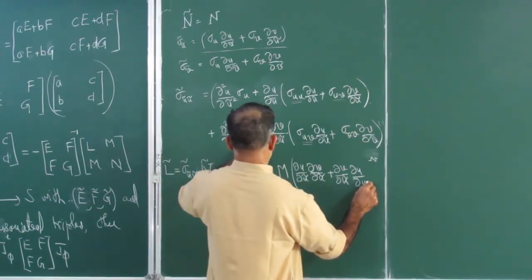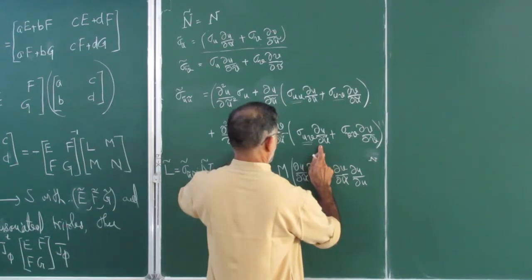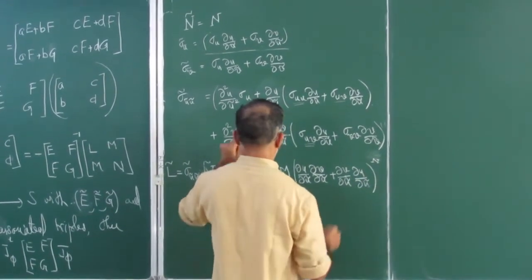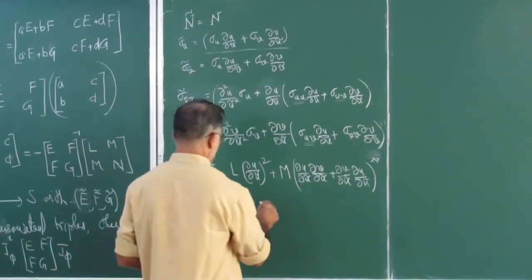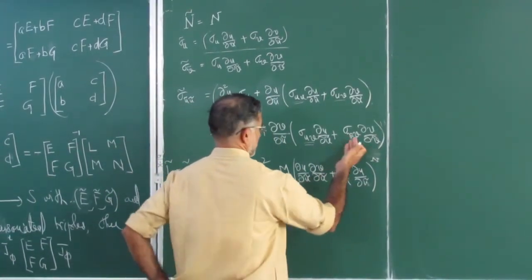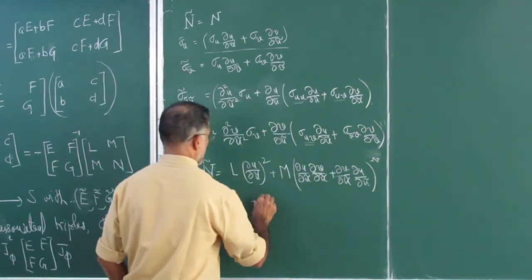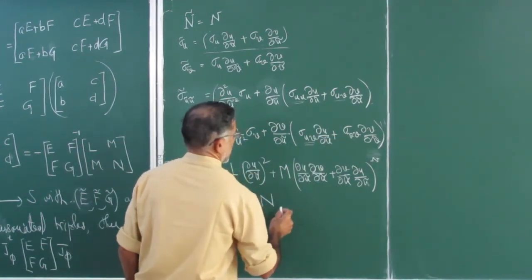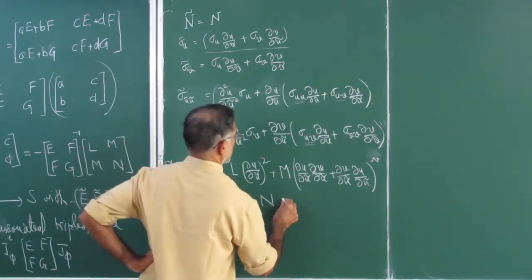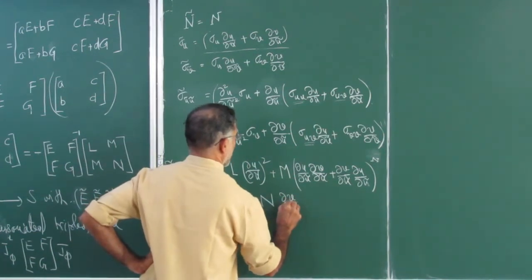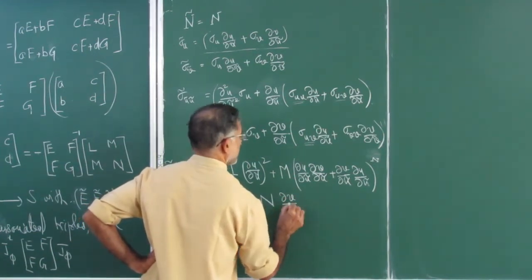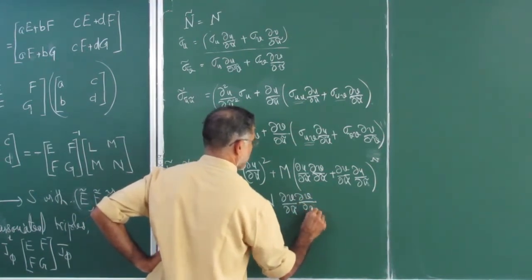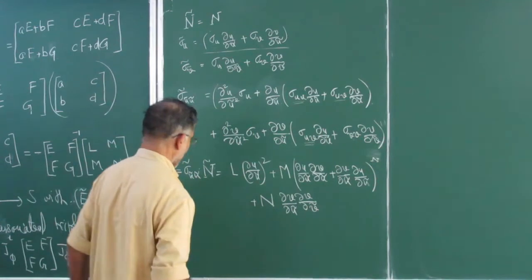Second part is sigma uv, dv by du tilde, so it is u tilde, no doubt about it. And then the last part, this is nothing but sigma vv dot n, so that is your N. What do you get? Not d square, it is dv by du tilde into dv by dv tilde. So that's what you get.